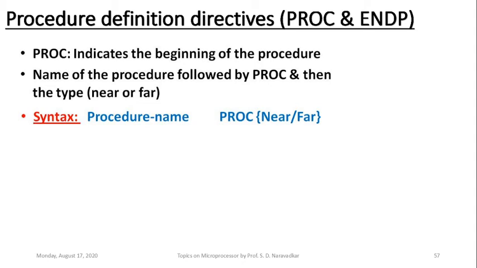Whenever the procedure is near, sometimes you may not define it. Some of the assemblers allow that. But whenever the procedure is a far procedure, which is located in another code segment, then it must be defined after the keyword PROC, FAR.